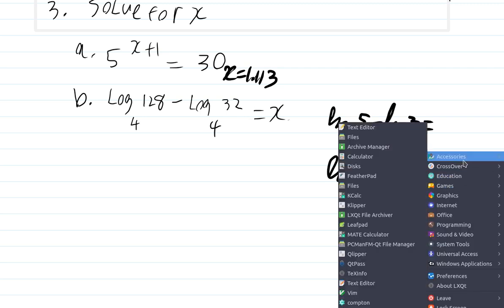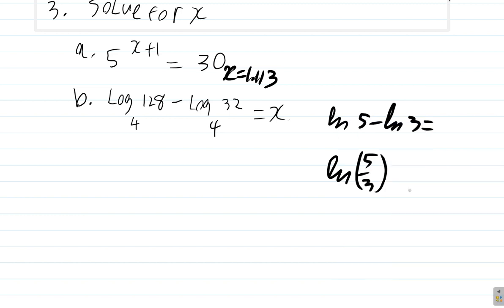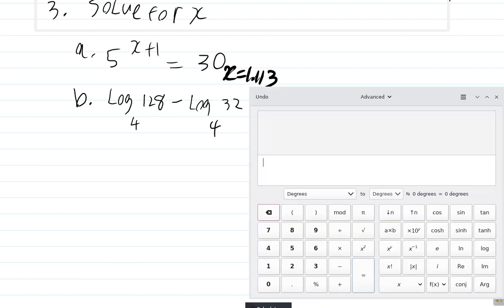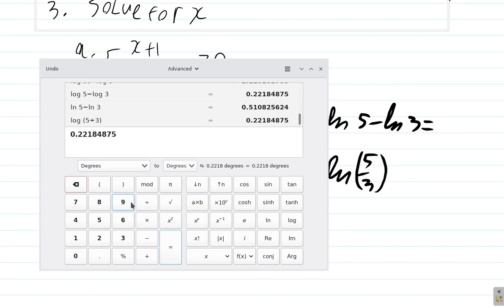And then we go back to our question. So ln 5 minus ln 3 equals 0.5108.